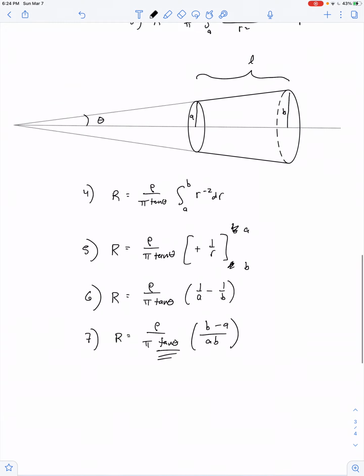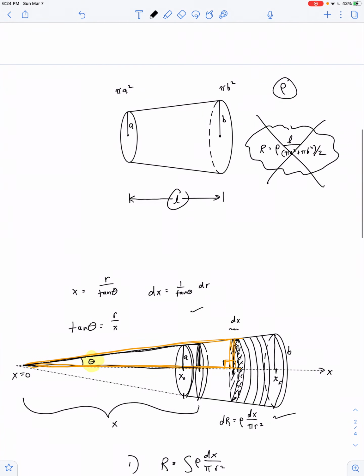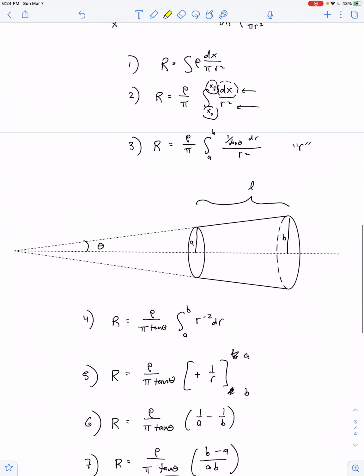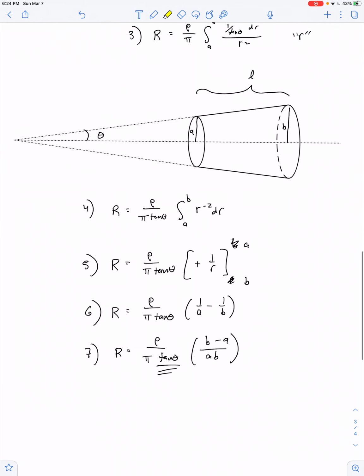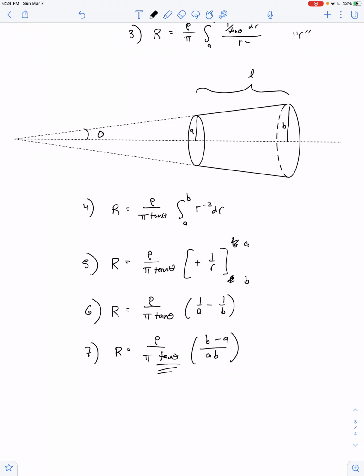Wait a minute, tangent theta. In the initial setup of this problem, no angle was stated. All we were given to start with was a length and 2 radii. Well, the angle can be determined as long as we know those quantities. How about I draw this right triangle? Now we know this side is L, and this angle theta is just repeated again right here. What's this little distance? Well, that would just be b minus a.